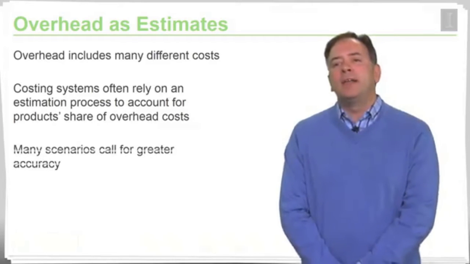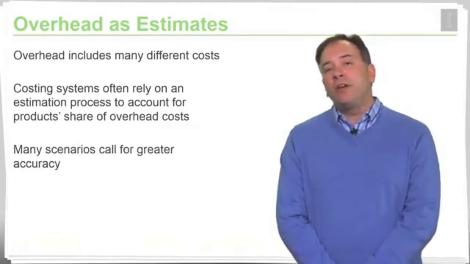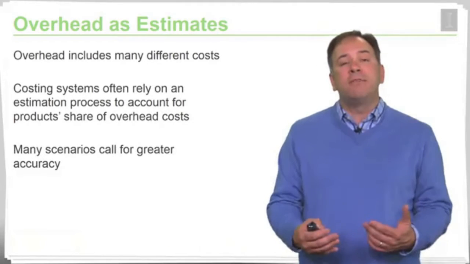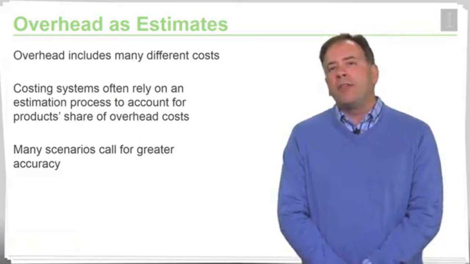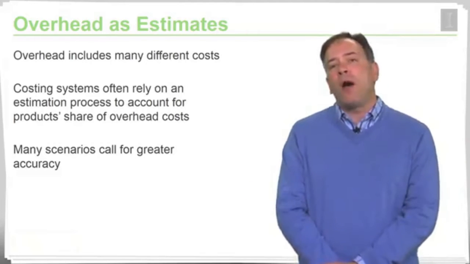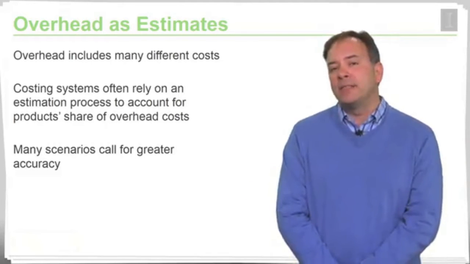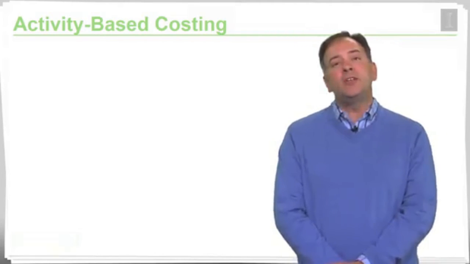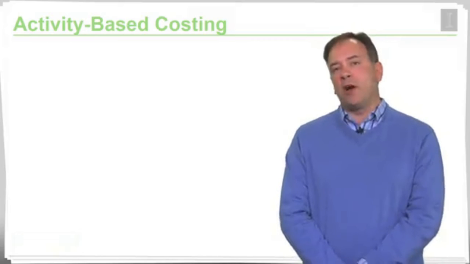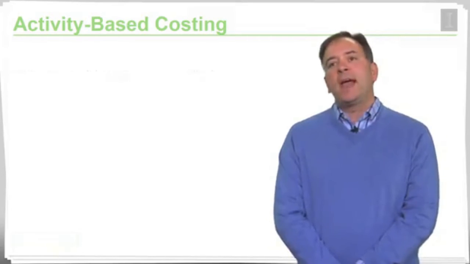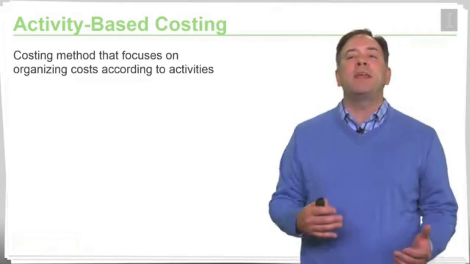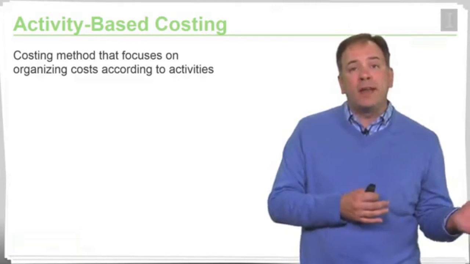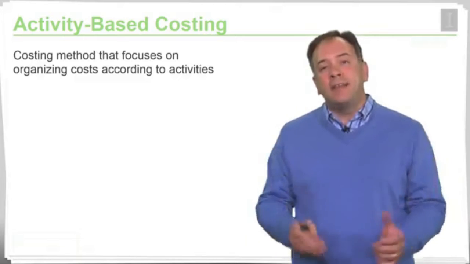Now, the problem with that is that many scenarios often call for greater accuracy, meaning that we need better cost information to make decisions, rather than just smoothing overhead over the products on an average or estimated basis. So what we need is a different type of system, and the answer here is activity-based costing. Activity-based costing is a costing method that focuses on organizing costs not according to overhead categories, but according to activities.